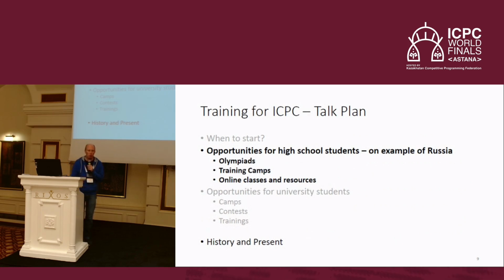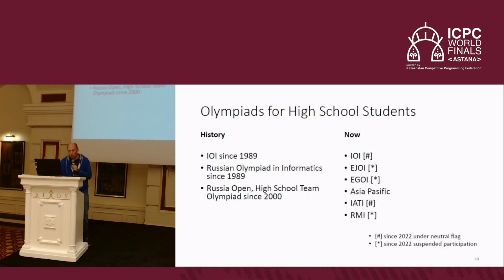So now I'll talk a little about opportunities for high school students. I'm talking from the Russian point of view. Of course, you can project that to your own country. Our students could participate in IOI since 1989, and that was also the year our National Olympiad started.